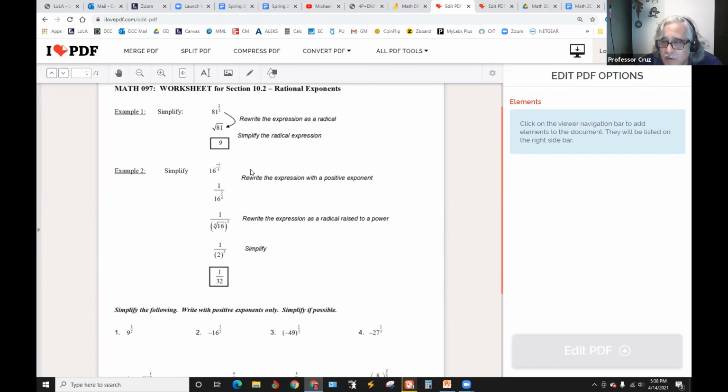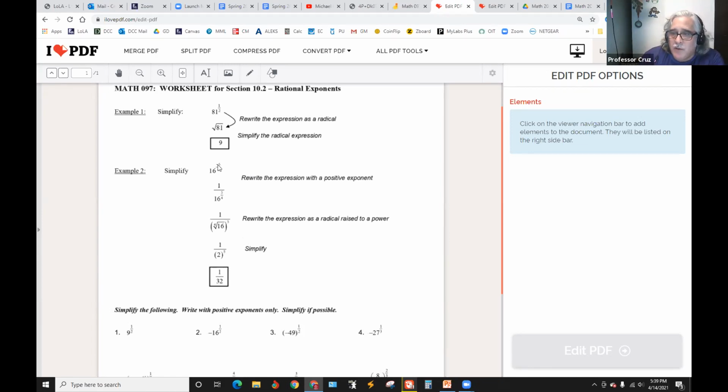Now, example 2, it's 16 to the negative 5/4. So it's negative, so we have to take the reciprocal, or that's always the best thing to do first, in my opinion. There might be another way around it, but I would always suggest taking that reciprocal first.